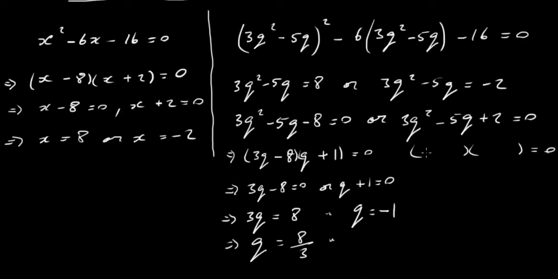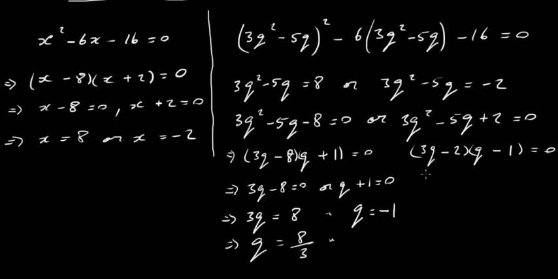What about this one here? Well, I've got a 3q squared, so that's going to be 3q times q. Here I've got a 2 times 1, so I'm going to go 2 here and 1 here. So 2q and 3q will give me 5q. Now I need a minus here, so because this is a minus, I'm going to go minus minus here, and that works.